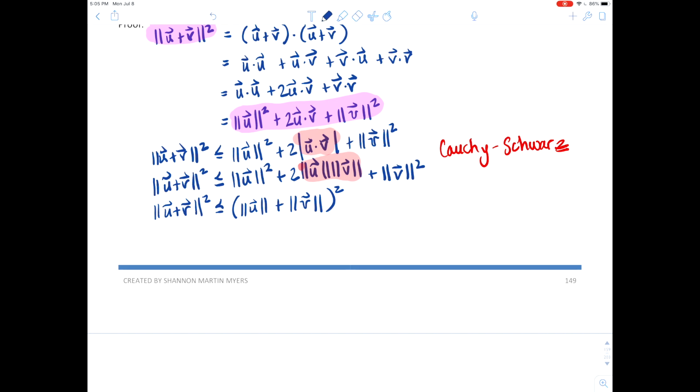Now we know that all of these are non-negative, right? So here, that's going to mean that the magnitude of u plus v would be less than or equal to the magnitude of u plus the magnitude of v. Cool, cool?